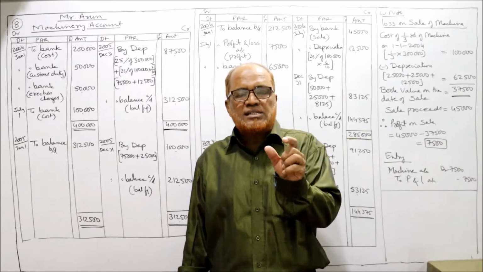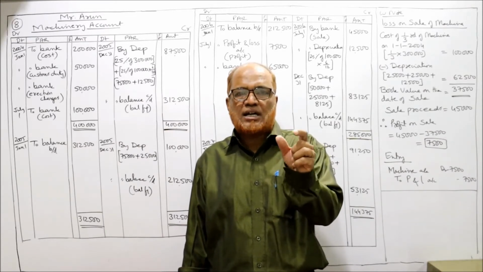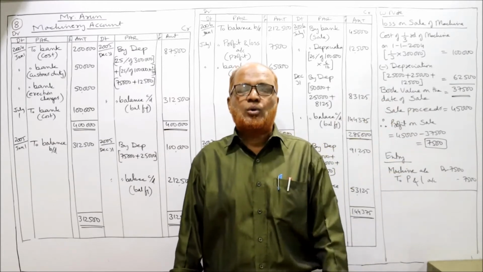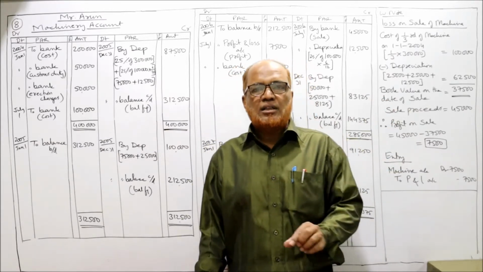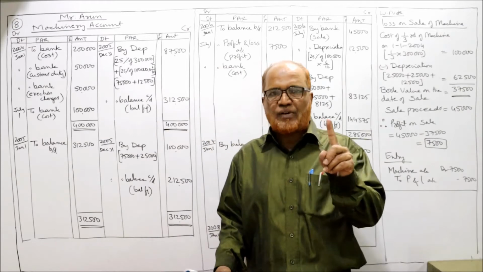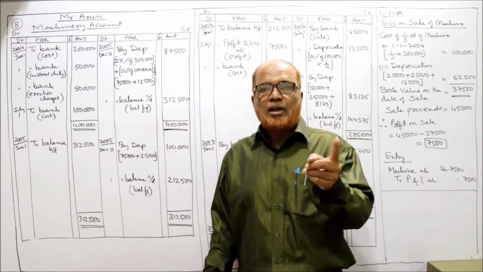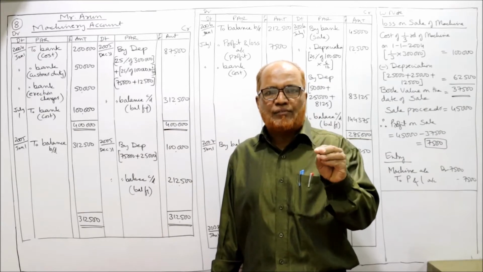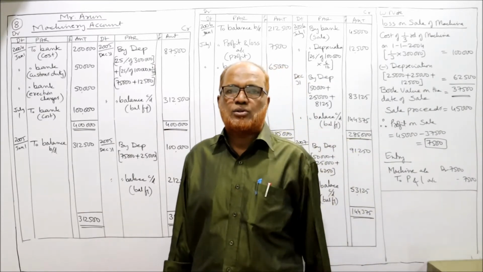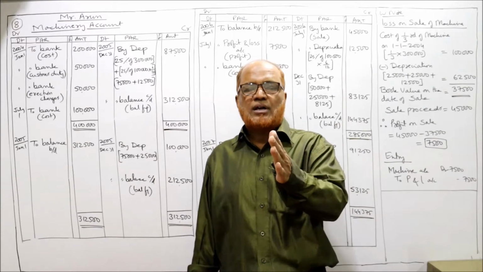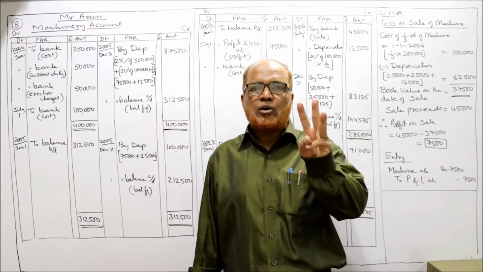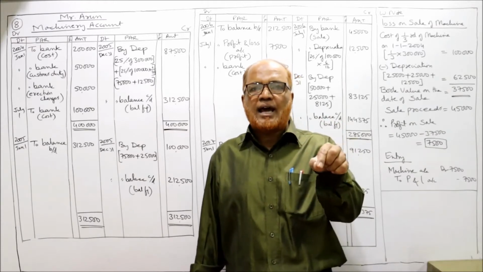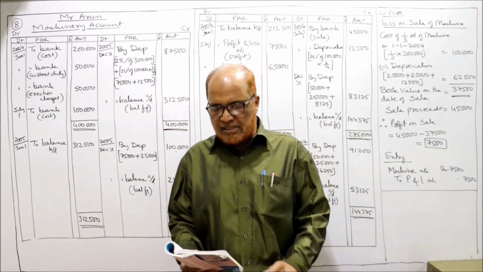Means whatever incidental expenses like freight, customs duty, erection charges, all these will be added to the cost of the machine. In this problem, the machine was purchased on 1st January 2004. The cost is 2 lakh rupees and the freight, customs duty 50,000, erection charges 50,000. So 2 lakh plus 50,000 plus 50,000, 3 lakh rupees is the total cost of the machine. On 3 lakh, we calculate the depreciation.